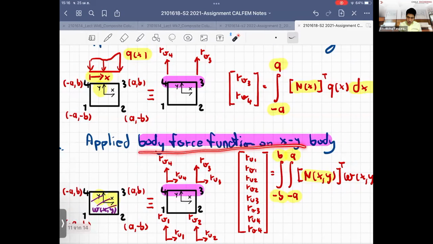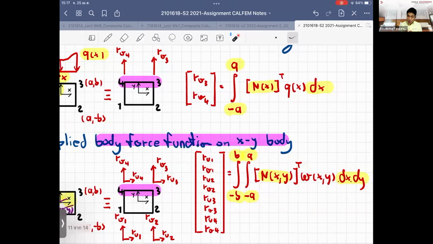And if you're looking at the force that is distributed in two-dimensional space, such as the surface or the body of the structures, in which you have the load as a pressure, the pressure is the force per unit area. If you want to obtain the force at the four nodes, you use the four-node shape function and take a double integration.